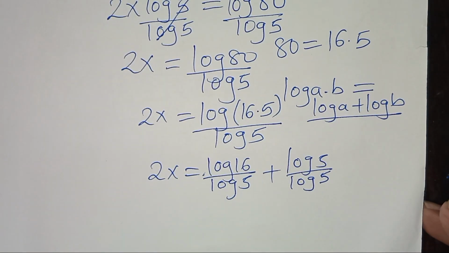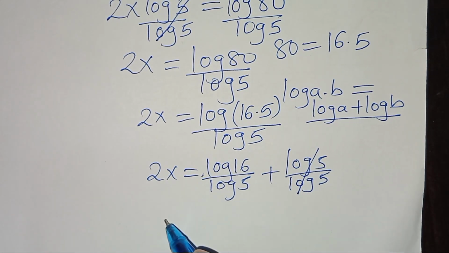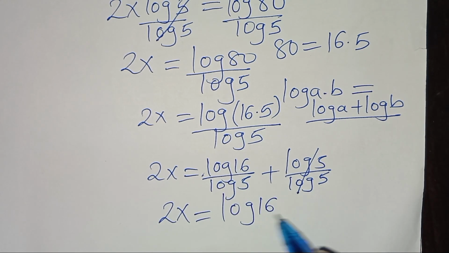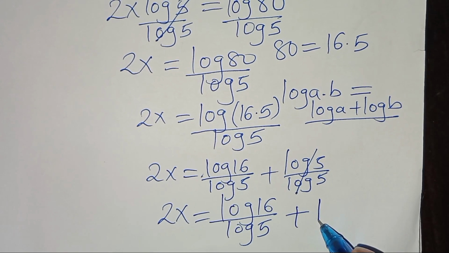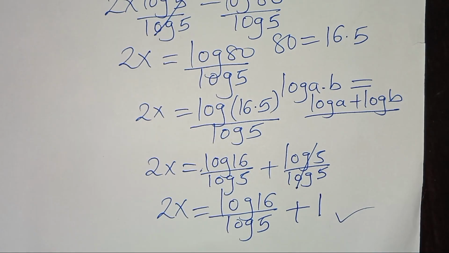So the next step here, let's simplify. Log 5 and log 5 simplifies, so that we'll have 2x equal to log 16 divided by log 5 plus 1. Okay, so let's proceed from here.